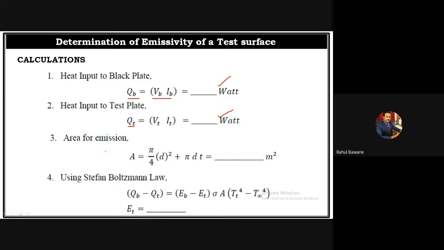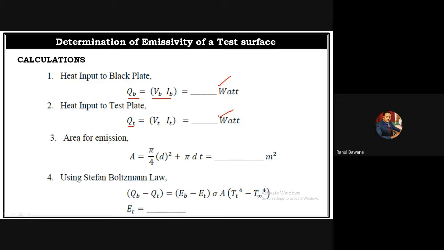Area for emission. So heat is emitted. Remember, in this plate we allow radiation from the front face as well as the peripheral thickness, but not from the backside, because on the backside we provide a heating plate and it is covered.